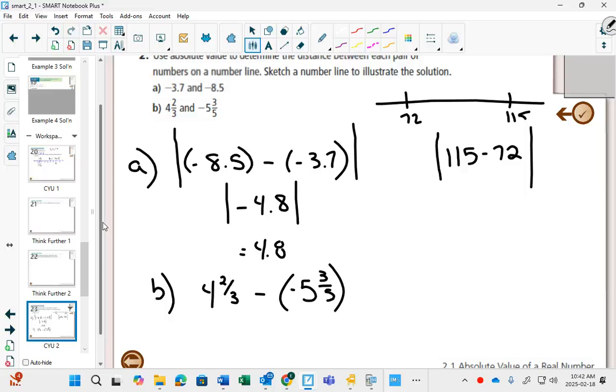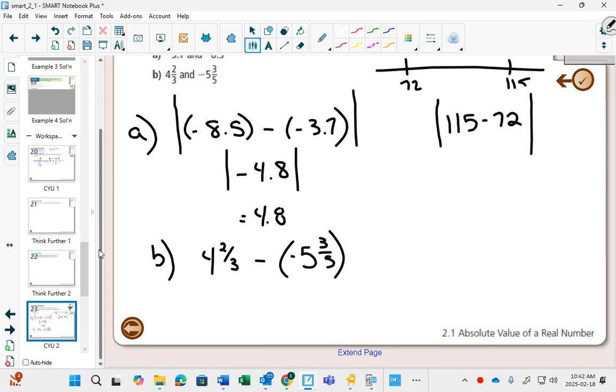So instead of writing 4 2/3, we all remember how to change this to an improper fraction. 4 2/3 is equal to what over 3? 14. And what was your method for figuring that out? 4 times 3 is 12, and added the 2 on top to get the 14.